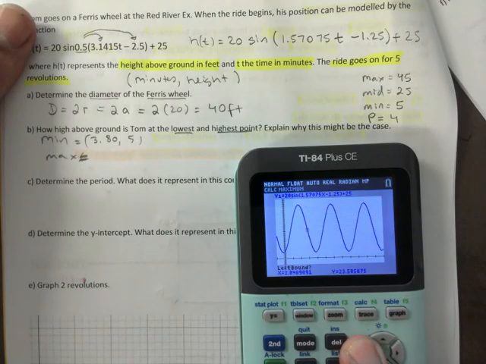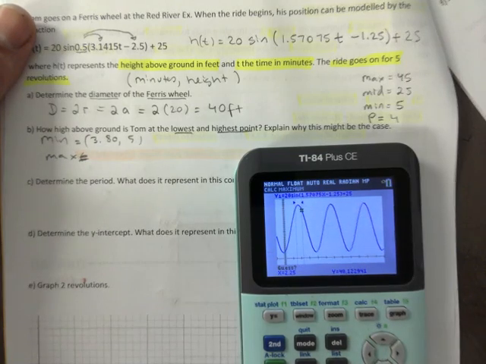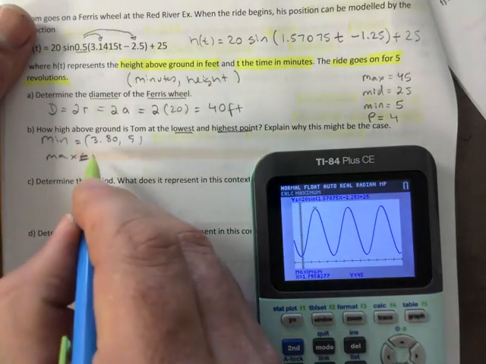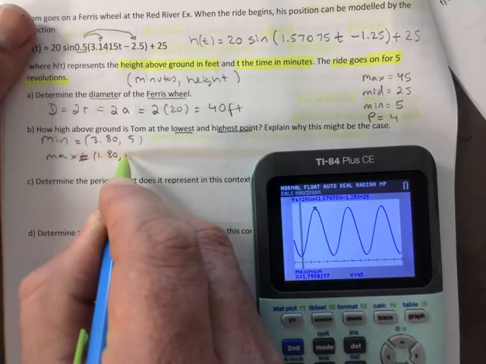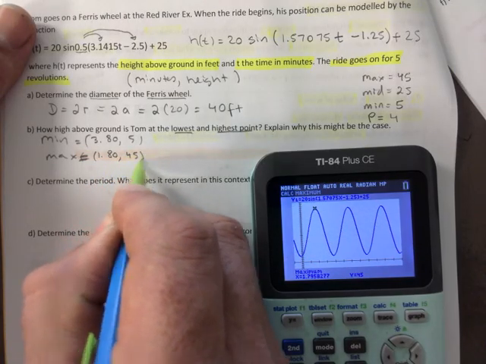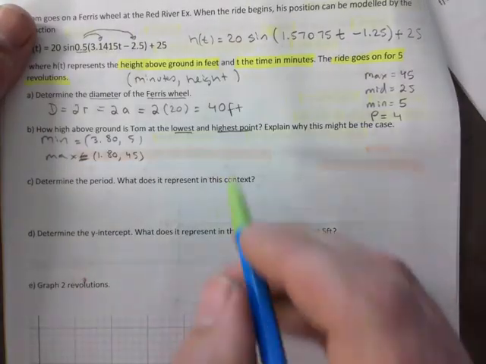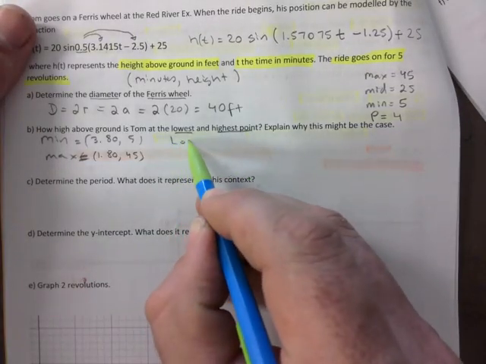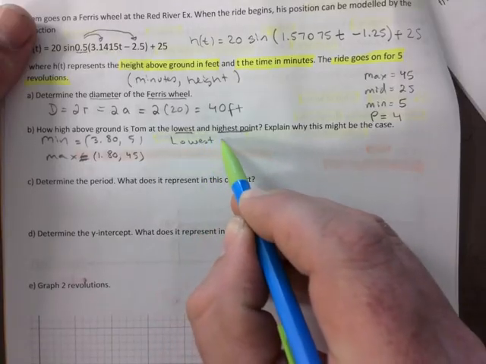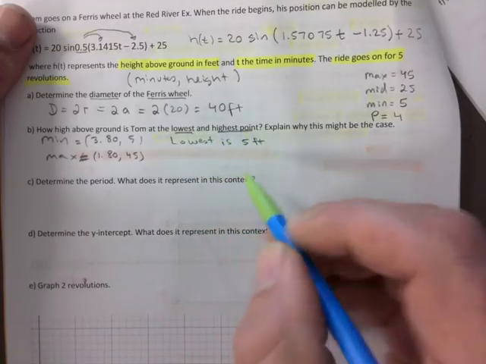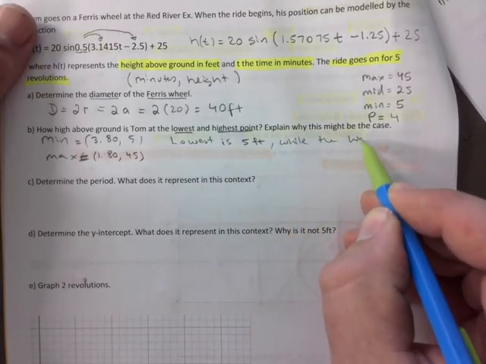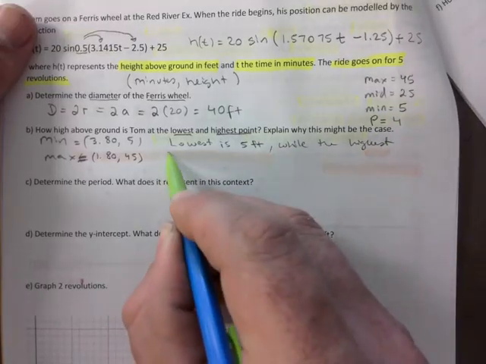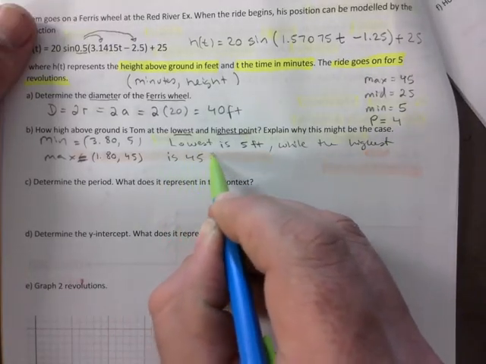I know it is 45, but there's various ways to verify what you're doing. 1.80, and that's 45. So if you do it this way with the calculator, the lowest is 5 feet, while the highest is 45 feet.